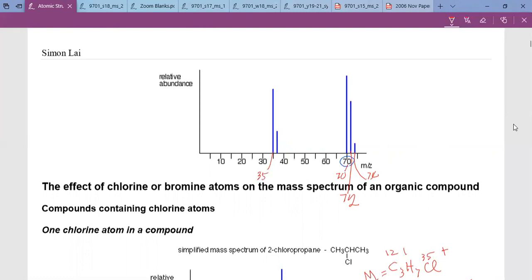This is m over z, where z means charge, and z is equal to +1. So the value here is actually the mass. The mass is 35, and this one is 37. That means this must belong to the chlorine isotope of 35. It must be positive. No positive, no marks. Remember this. This must be Cl 37 positive.